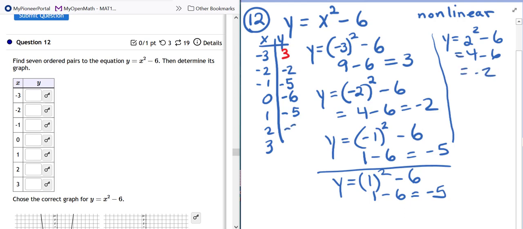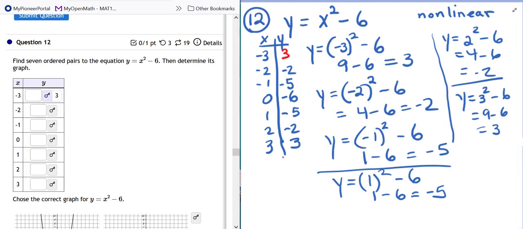Also something we've seen before. So we might even guess that 3 is going to be the same as negative 3, which was a 3. So we'll check y equals 3 squared minus 6. It's 9 minus 6, which is 3. It is, because that square gives you 2 negatives, which makes it positive, and so gives you the same answer.